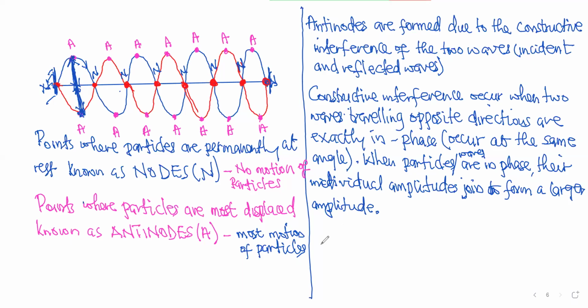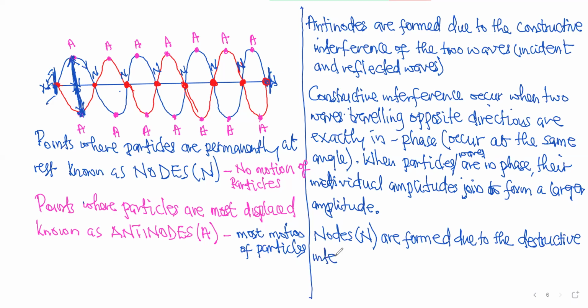Then nodes. Nodes, on the other hand, are formed due to the destructive interference of the two waves. What is destructive interference?